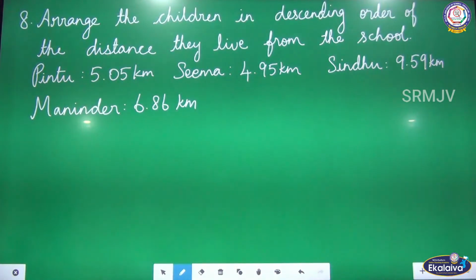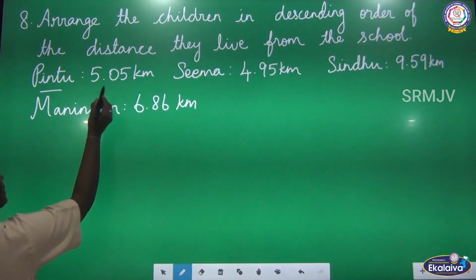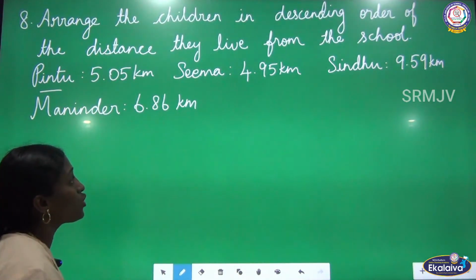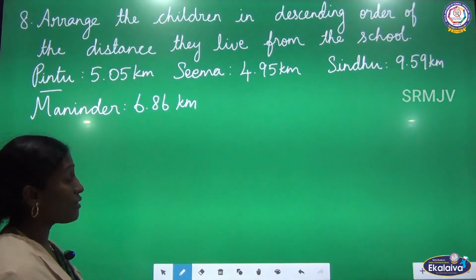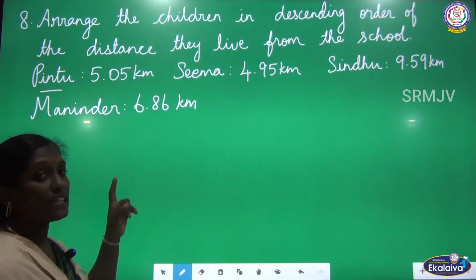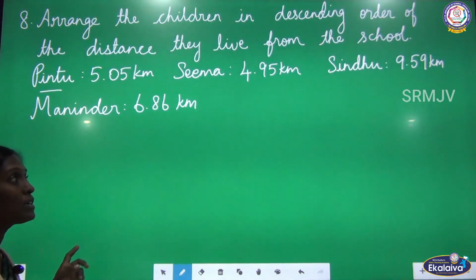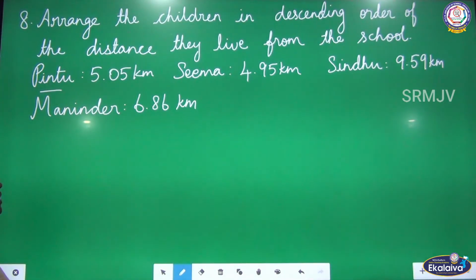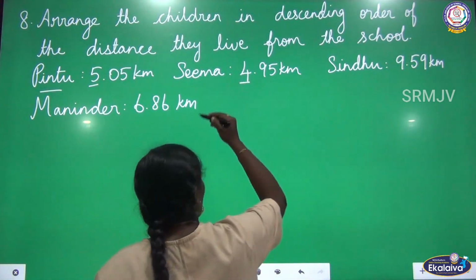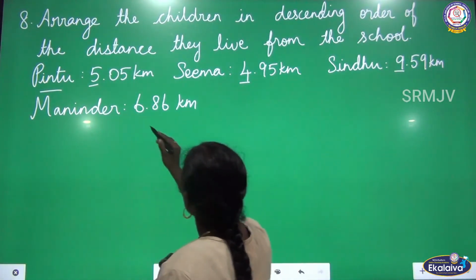Okay, then arrange the children in descending order of the distance they live from the school. So Pintu lives 0.5 kilometer distance, Seema 4.95 kilometer, Sindhu 9.59 kilometer, Maninder 6.86. Descending order means we have to arrange the numbers from greater to smaller. So the first step we have to check the whole number part. 5, 4, 9, 6.